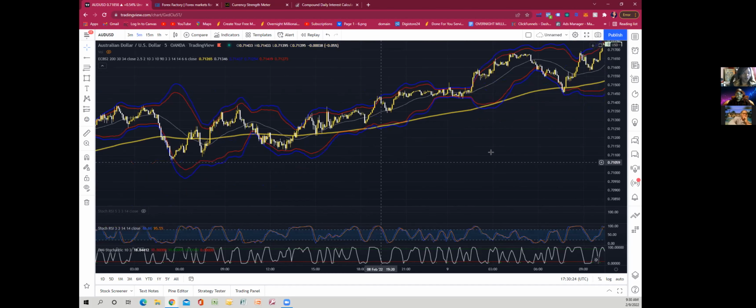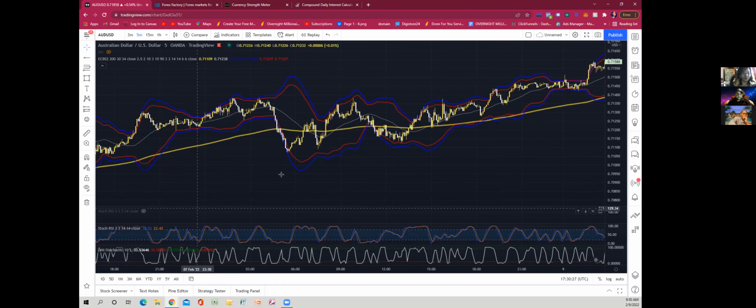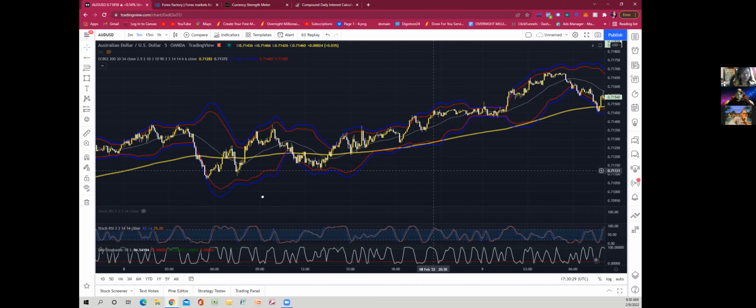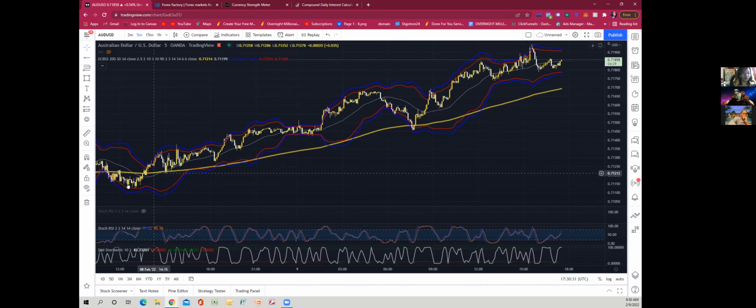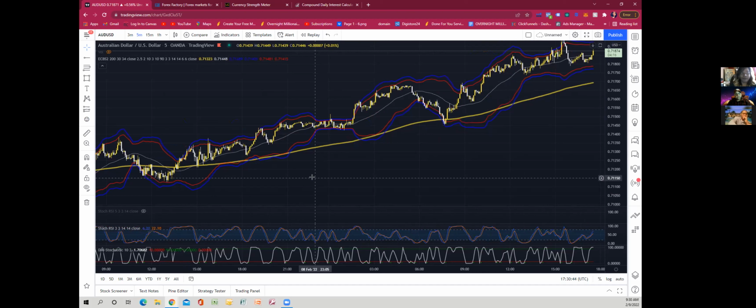So, but this is all it's doing right here. So look at this. So market is moving up, correct? So when it's above the 200 EMA, it is boop, boop, boop. It's an uptrend, okay? So if you're having a hard time with figuring out trend lines and everything else, you can use this.